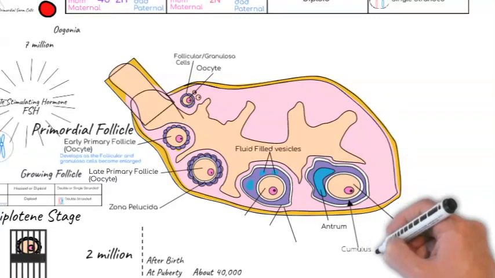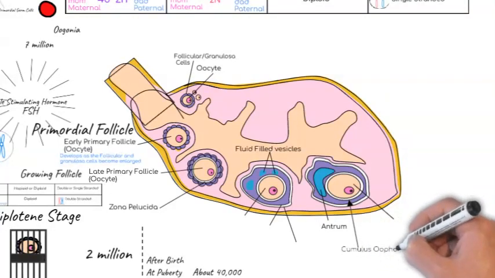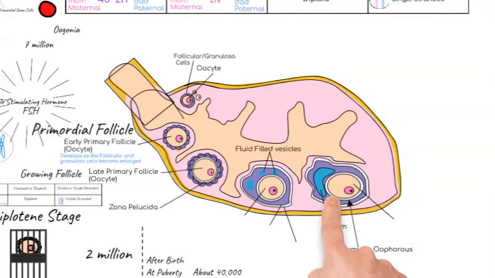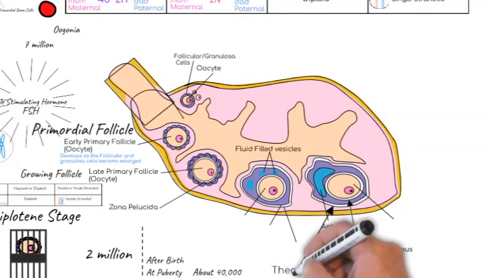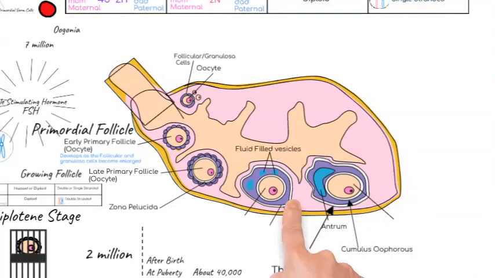Also now you'll see more prominently the connective tissue around the ovarian follicle. Remember that connective tissue that was derived from the ovary stroma? Now that will become prominent, and we call that theca folliculi. So we have cool names for these things. We have theca folliculi, and the follicular cells that stayed around the primary oocyte are called cumulus oophorus.